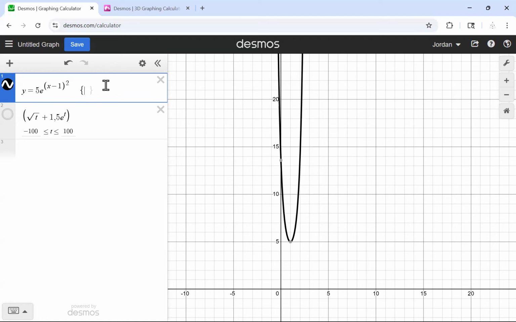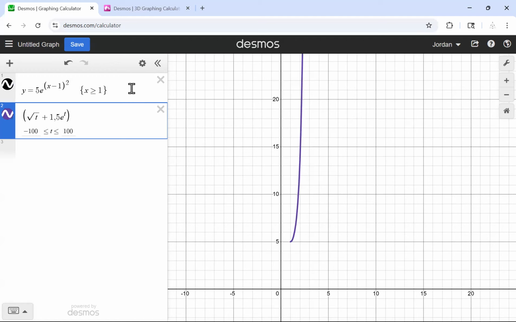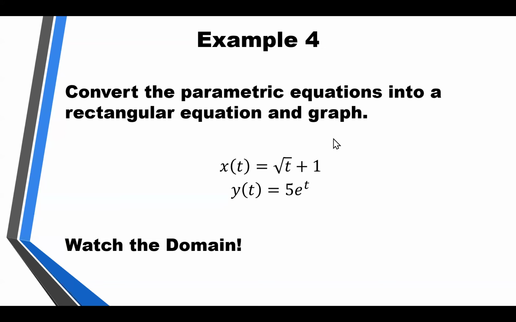So essentially, for x greater than or equal to 1, I do, in fact, get the same graph. So that's how we can convert parametrics into rectangular equations using direct substitution.